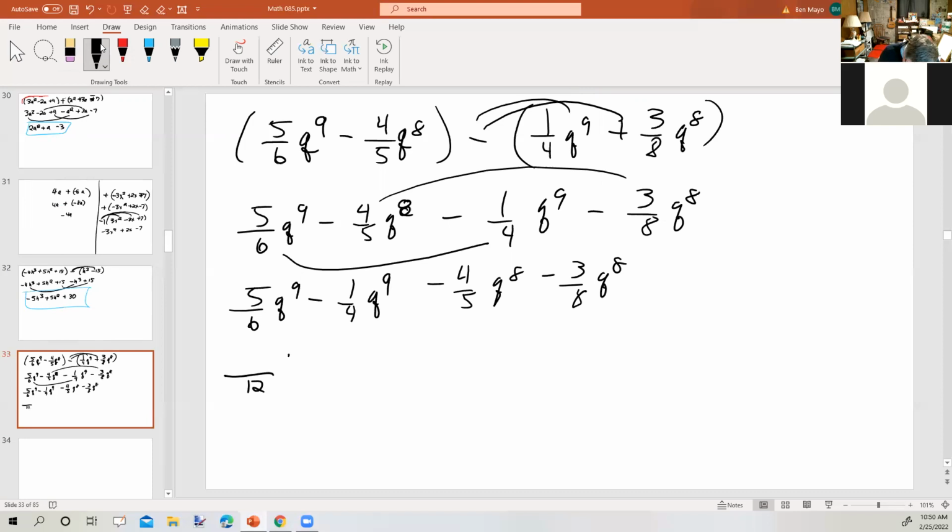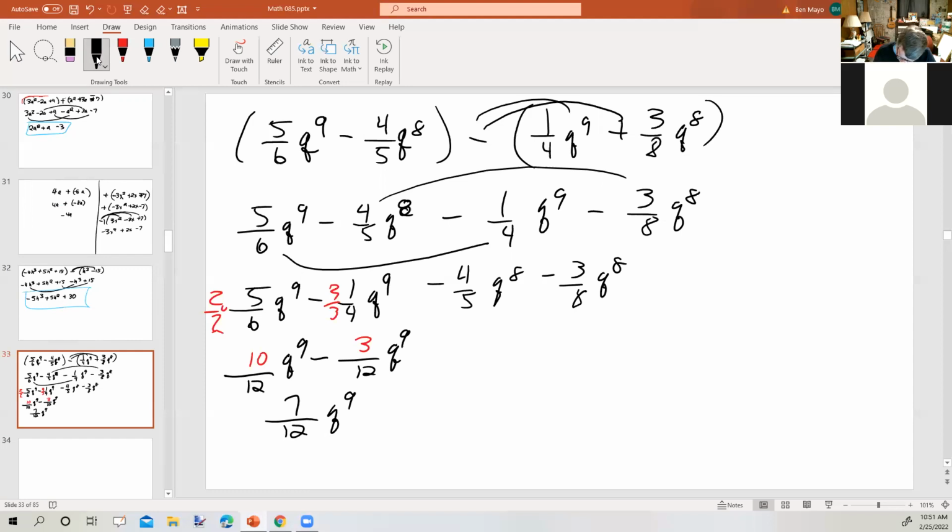So we get so many 12ths minus so many 12ths. 5/6, I'm going to multiply by 2 over 2 to get 10 12ths. 1/4, I'm going to multiply by 3 over 3 to get 3 12ths. 10 12ths minus 3 12ths is 7 12ths, q to the 9th power.